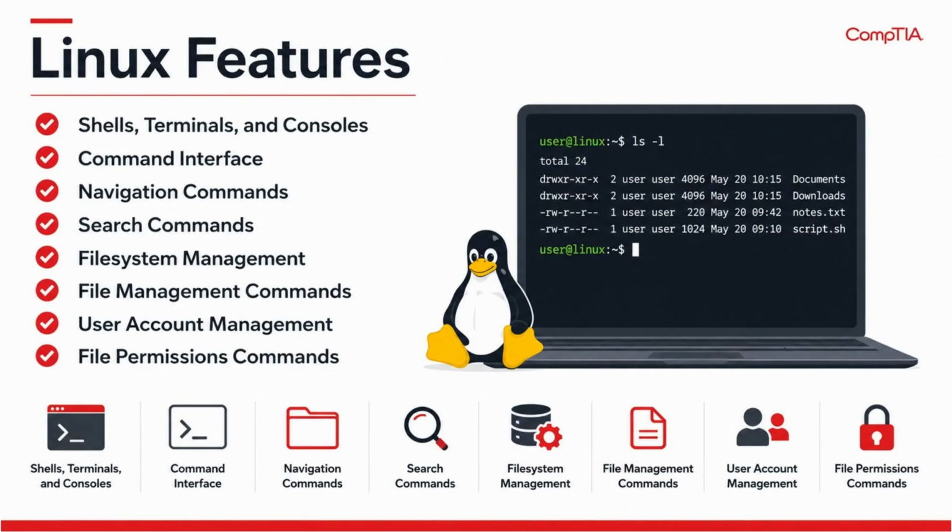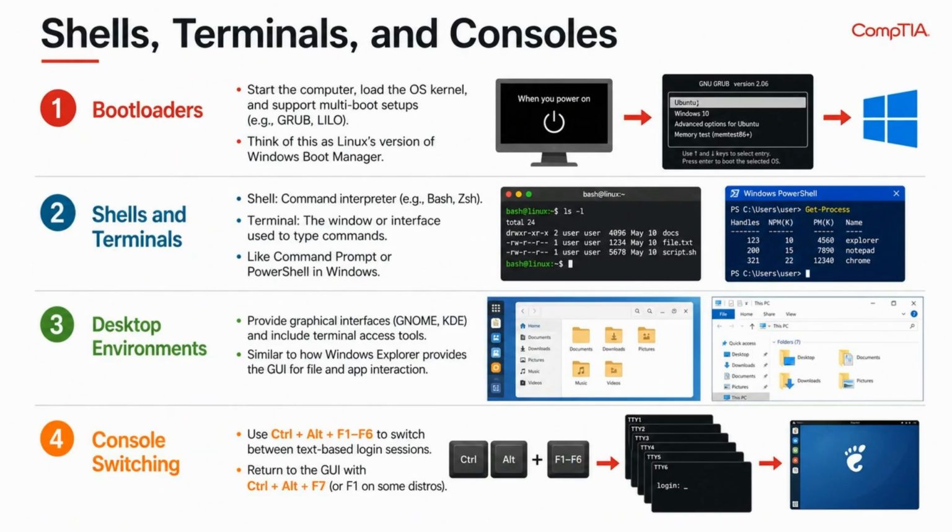Here's what this lesson covers: shells, terminals, and consoles, the command interface, navigation commands, search commands, file system management, file management commands, user account management, and file permissions commands. Bootloaders like GRUB or LILO start the computer, load the OS kernel, and support multi-boot setups. Think of it as Linux's version of Windows Boot Manager.